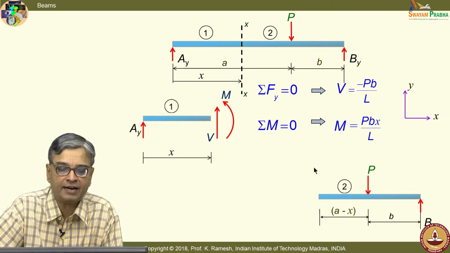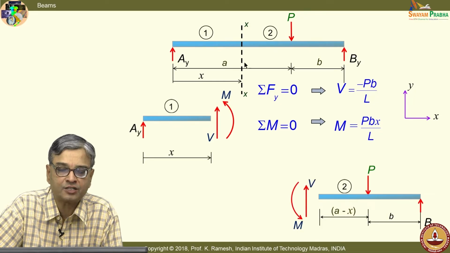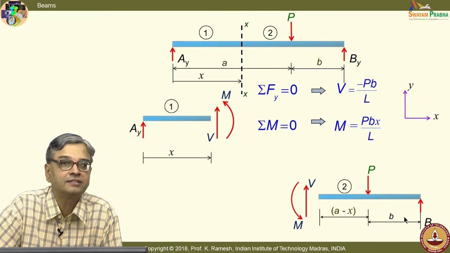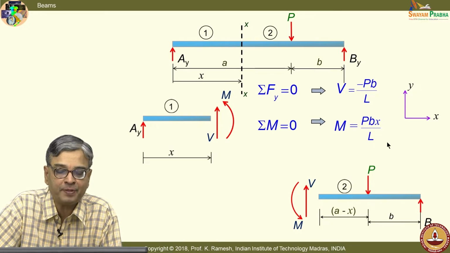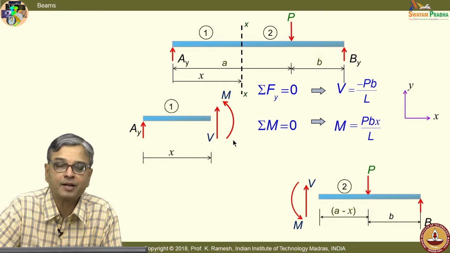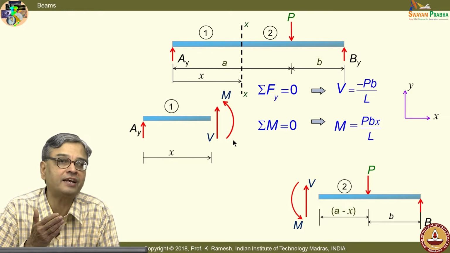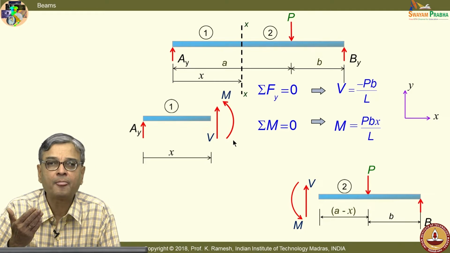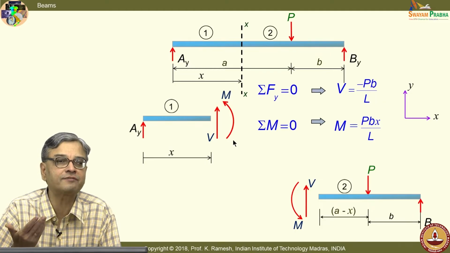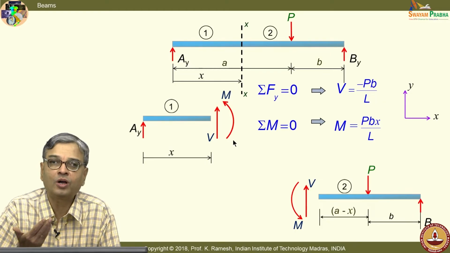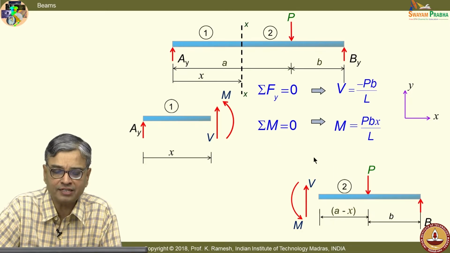On the other hand, I could also analyze this beam by taking this cross section. I am not going from this cross section to this cross section, I independently analyze this. The recommendation when you analyze it independently is to put the unknown forces in the positive direction. So, one would naturally start with putting them in the positive direction.